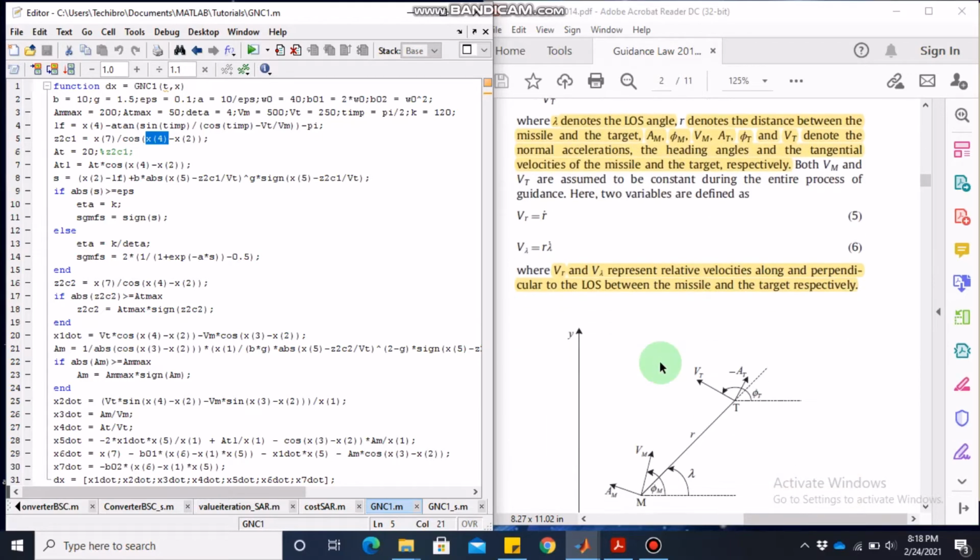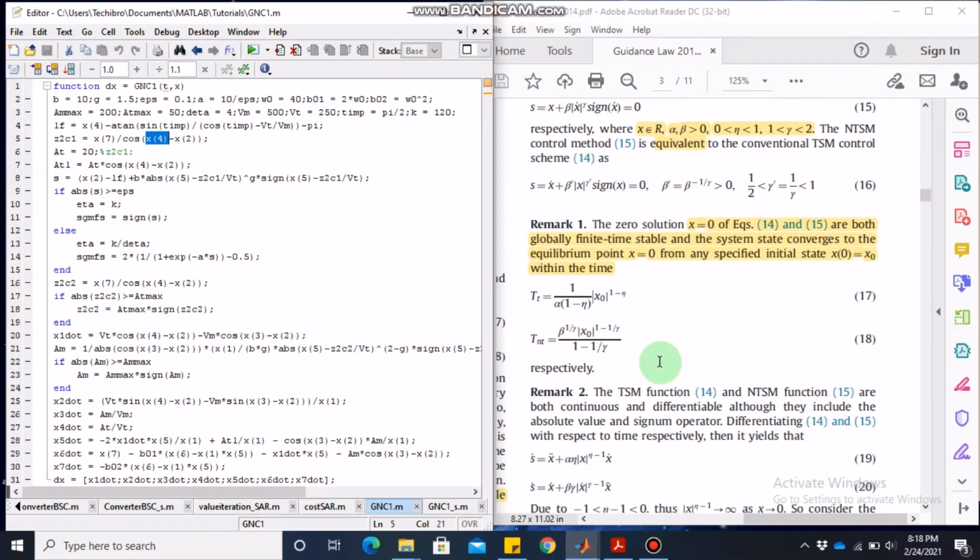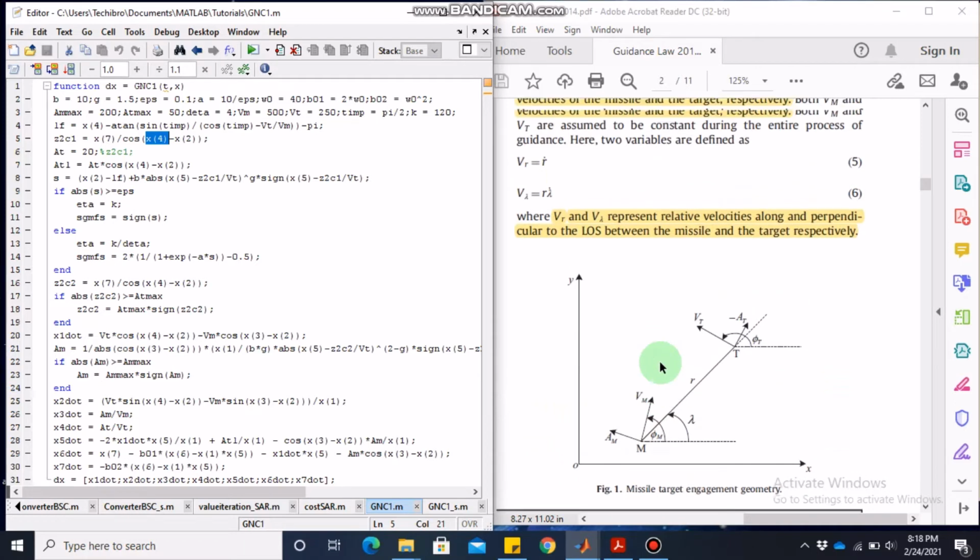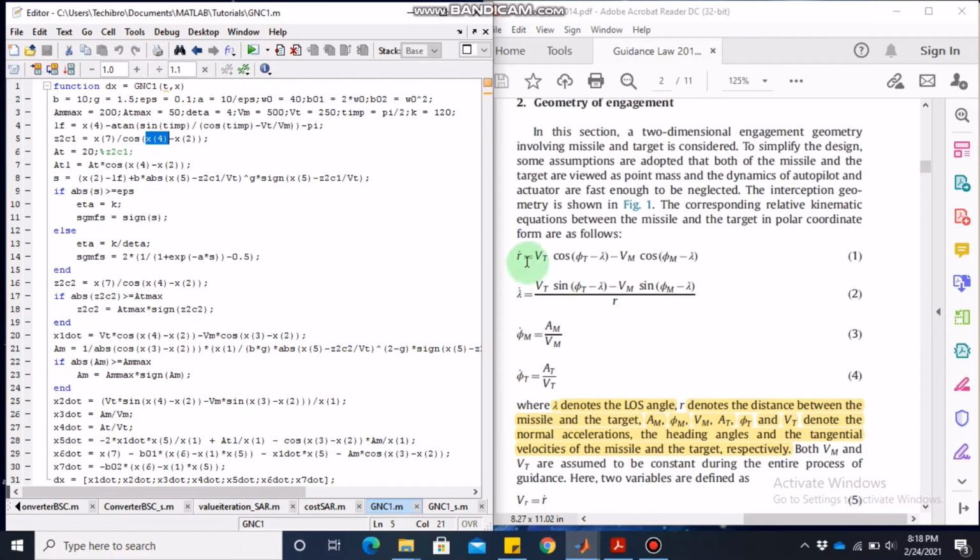So these are the first 4 states: r is x1, lambda is x2, phi m is x3, and phi t is x4.